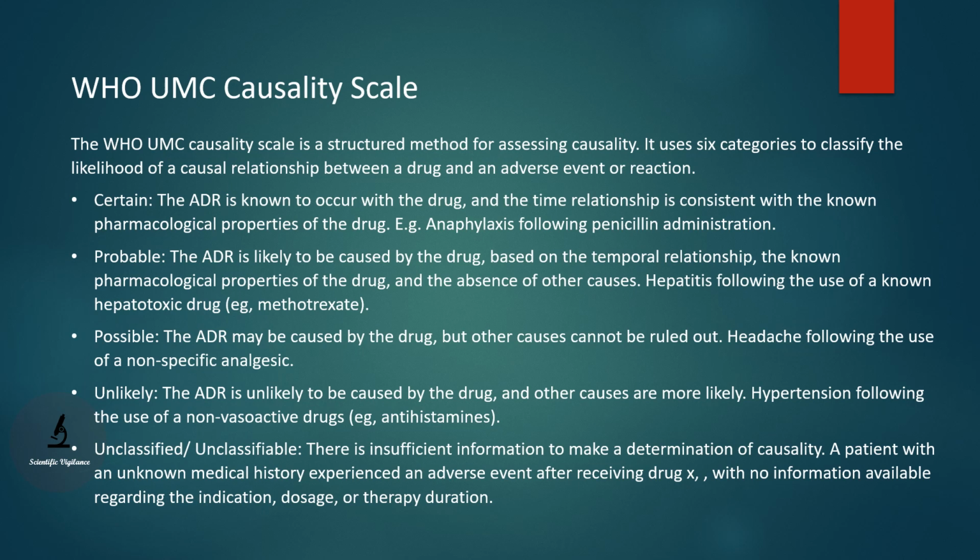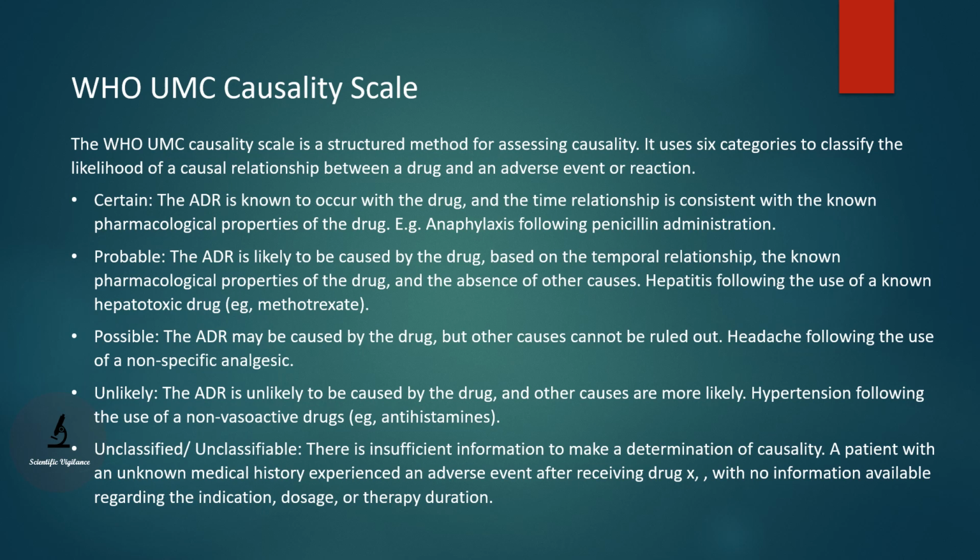In this scenario, there exists insufficient information to establish causality definitively. An example would be a patient with an undisclosed medical history who experienced an adverse event after receiving drug X, with no available data regarding the indication, dosage, or therapy duration.